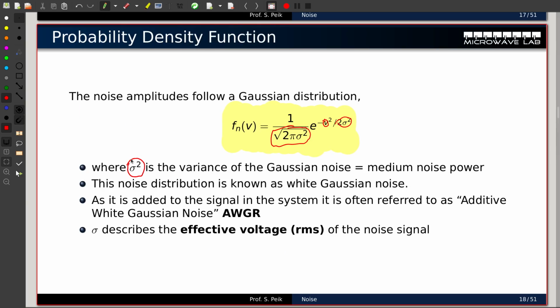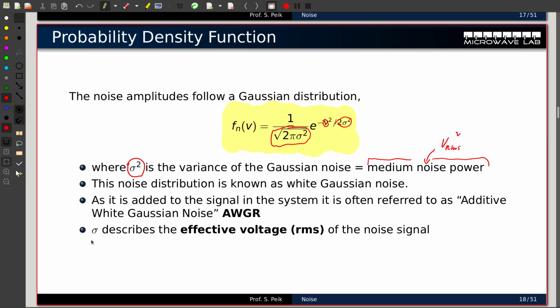Interesting to observe the sigma squared as the variance of the signal in terms of stochastic analysis, and that's my mean noise power. My mean noise power is my RMS voltage squared, as you know from first semester bachelor.